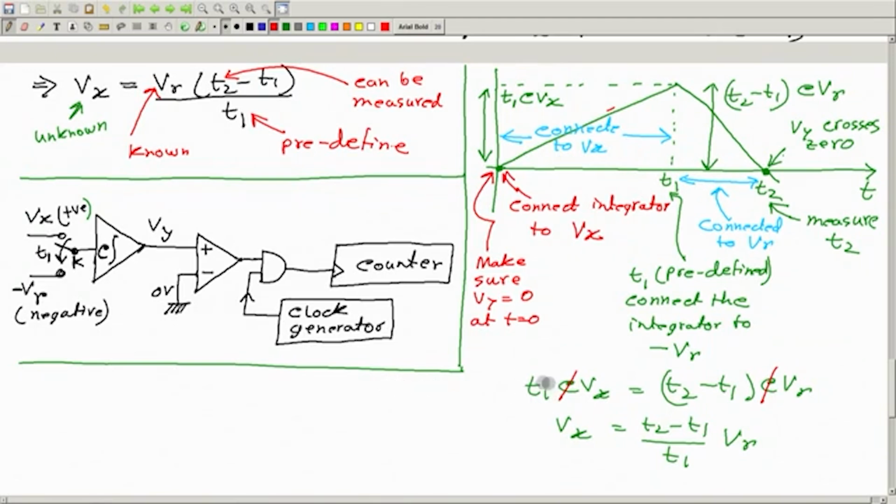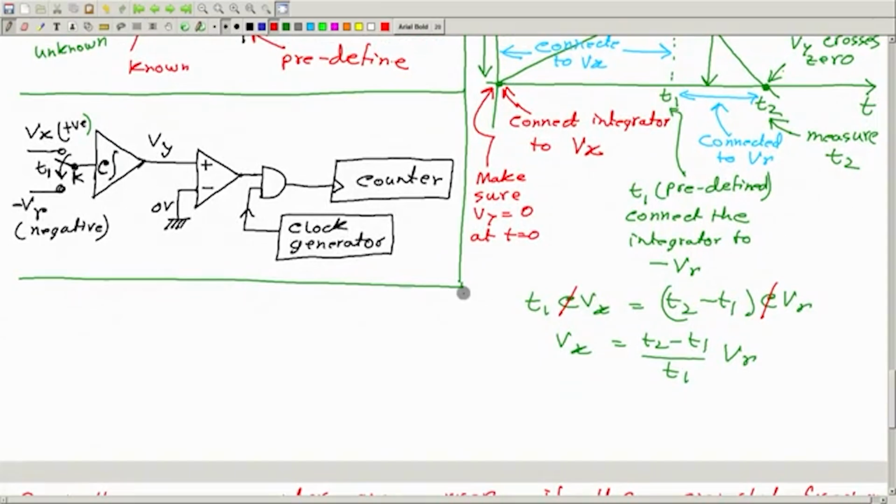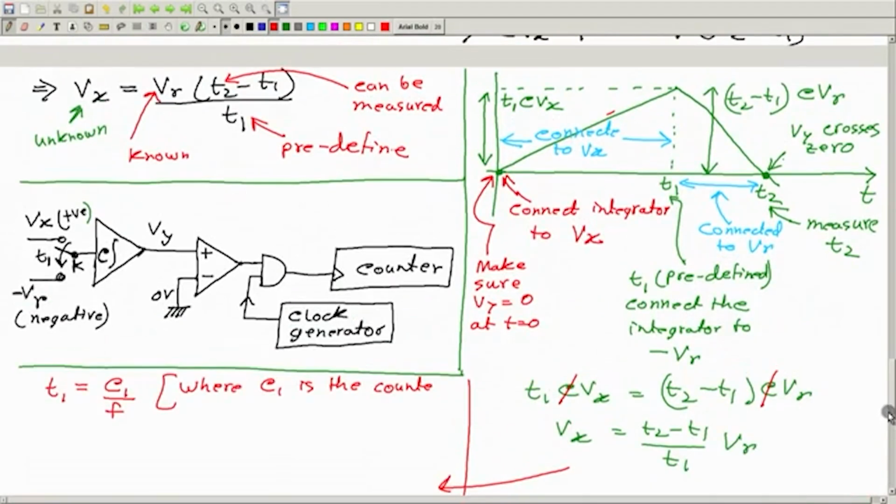So, actually we do not have the value of T1 or T2. What we have is T1 equal to C1 by F, where C1 is the counter value at this point.